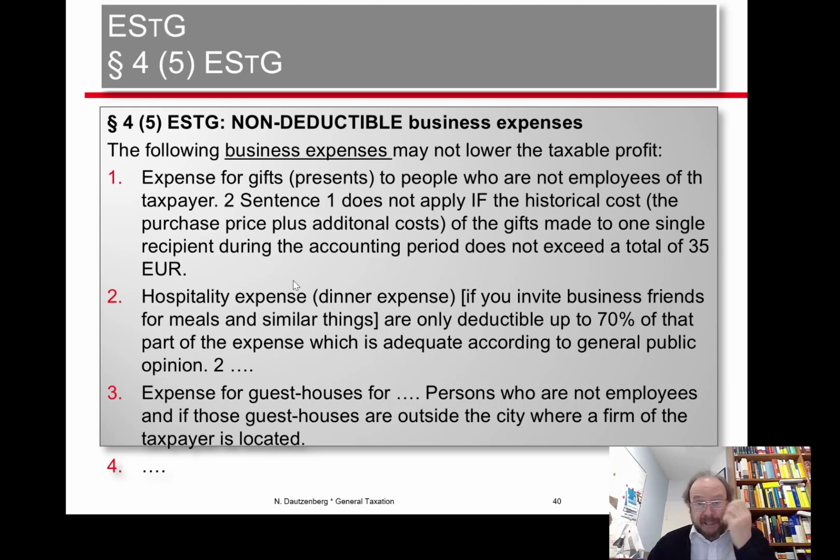So when you classify things as business expenses, you have to check a certain list, because certain things are not allowed to be deducted as business expenses, although they are business expenses. The first important example is presents which you give to people who are not your employees.